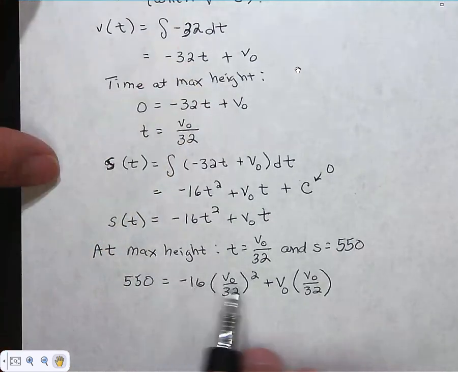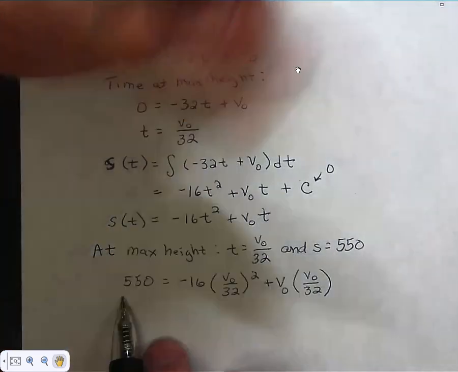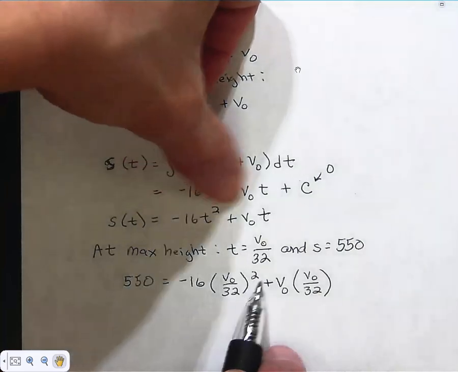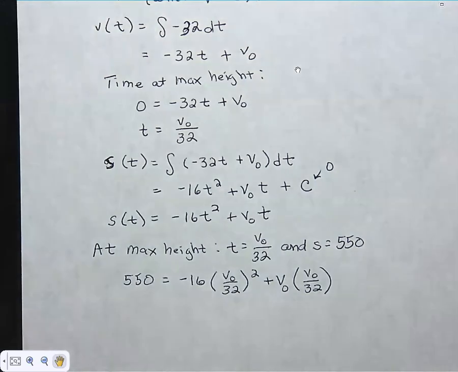I'm putting that into the position function because the position is 550, not the velocity. So this is right: negative 16 times v sub 0 over 32 squared plus v sub 0 times v sub 0 over 32. We got rid of all the variables except for v sub 0, and that's what we're solving for. So I think we should be able to solve that. How ugly is it?